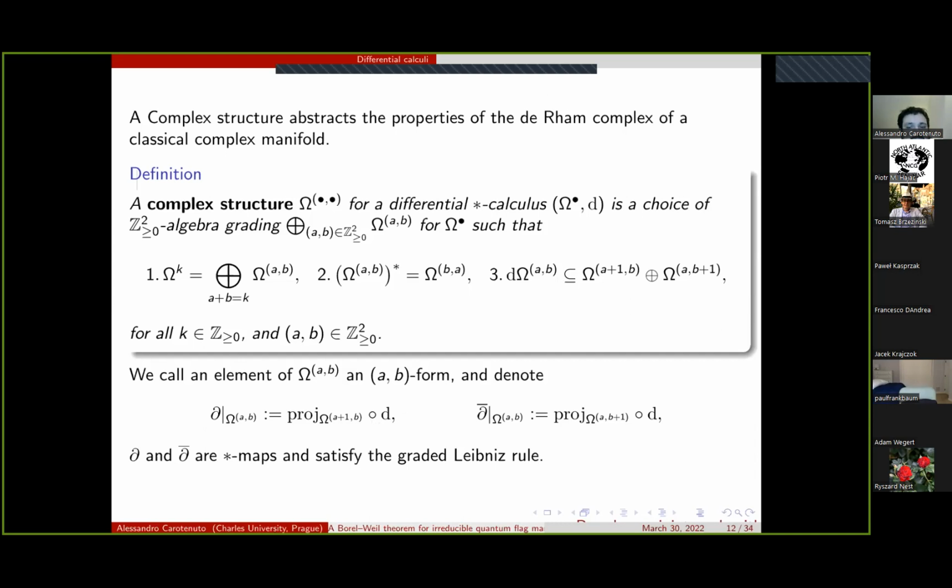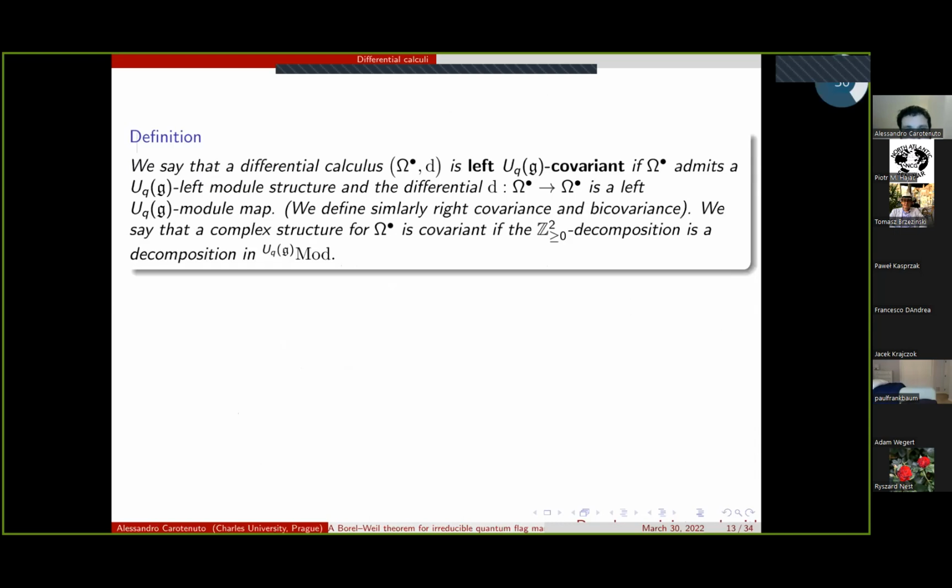And even though I didn't write it, they are nilpotent: del squared and del bar squared are both equal to 0. I blanked out for a moment. And they anti-commute. So we have a double complex, a double chain complex.